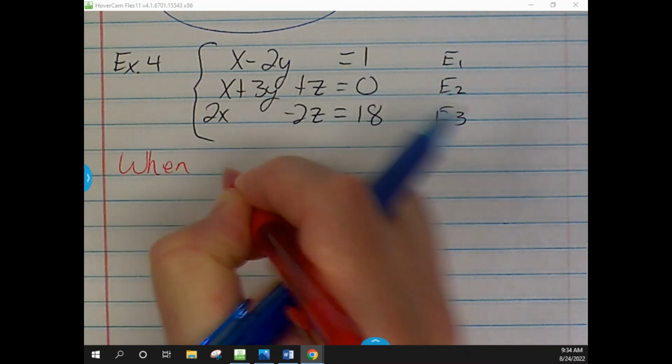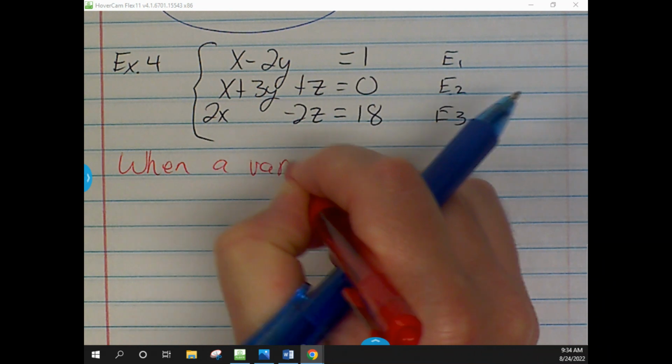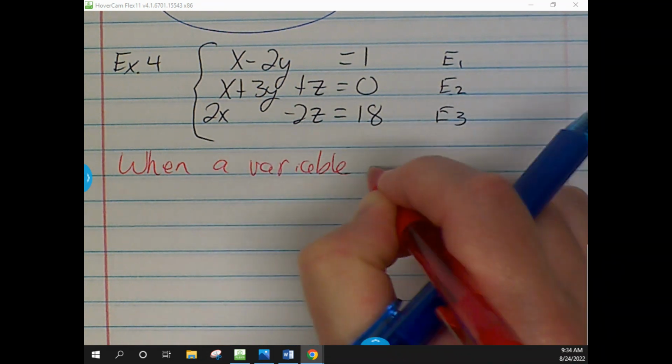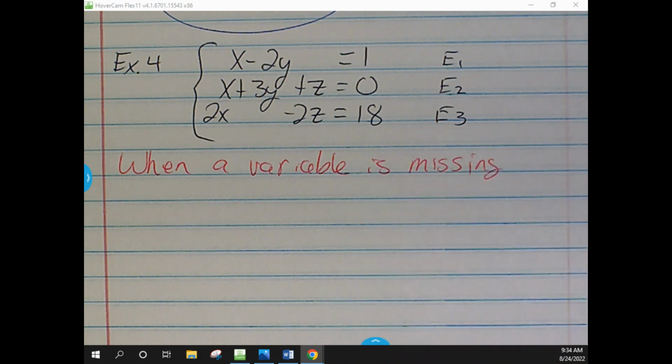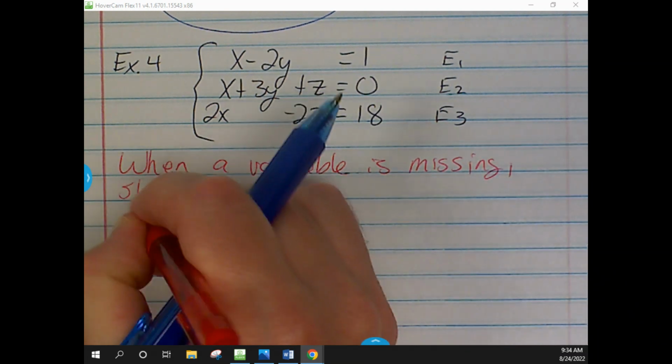So when a variable is missing, not that it's really missing, but there's not x, y, z in all three of them, then basically step 1 is done for you.